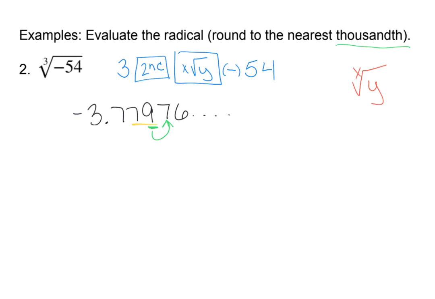If 79 was going to go up, it would go up to 80. So the rounded version would look like that. Because the 9 has to go up to a 0 basically, but it's going to bump this guy up too. Or you can think about it as 79 being rounded up to 80.